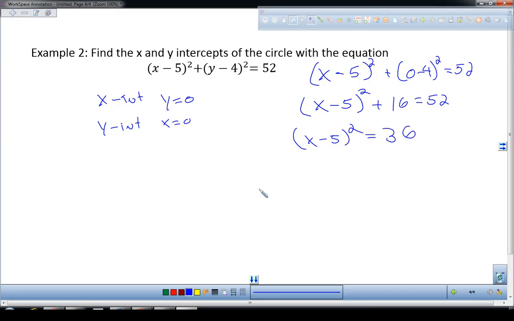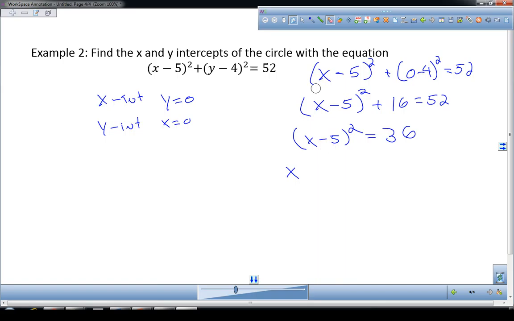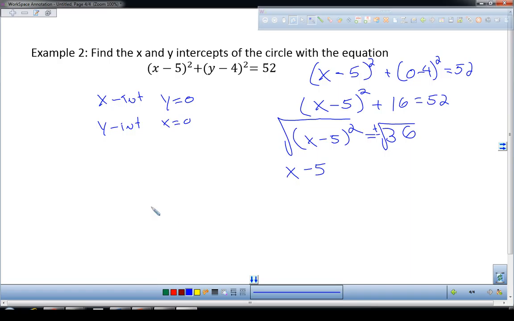Oh, look, nice one. Okay, and then what? Square root both sides. But when you square root both sides, you have to remember that there's a plus and a minus. So you square root this, but there's a plus and a minus. You know that? There's a plus and a minus when you solve that way.